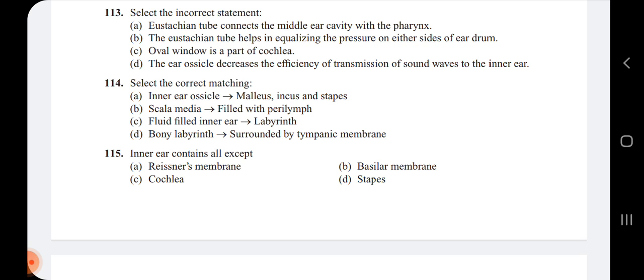Next question, 115. The inner ear contains all except: the inner ear contains Reissner's membrane, basilar membrane and cochlea, whereas D, that is the stapes, is part of the middle ear.